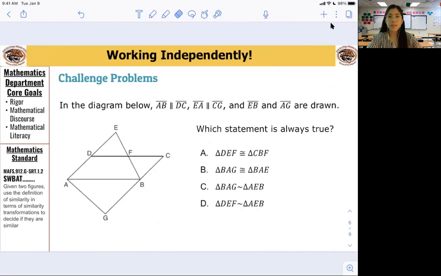So I'm going to annotate on it and mark down my parallel sides so we can visually see it. So AB is parallel to DC and EA is parallel to CG. There you go.